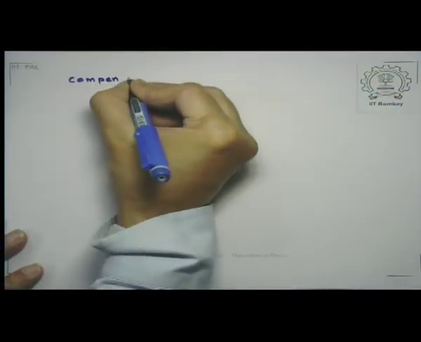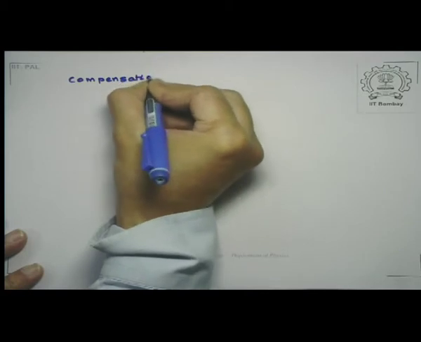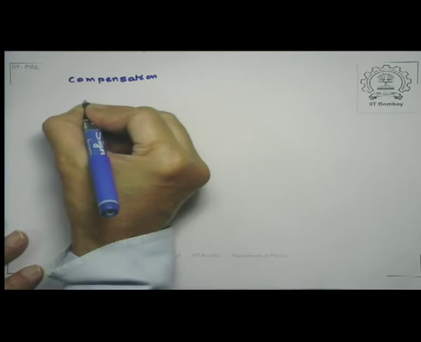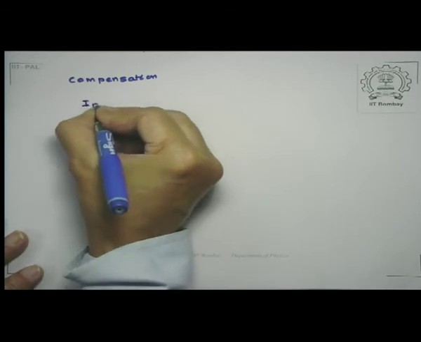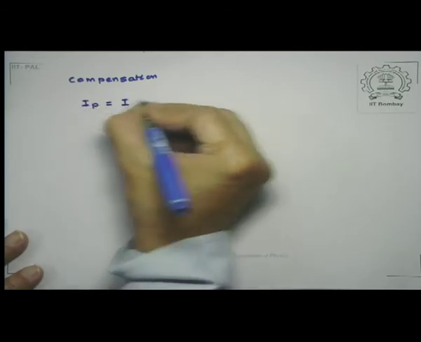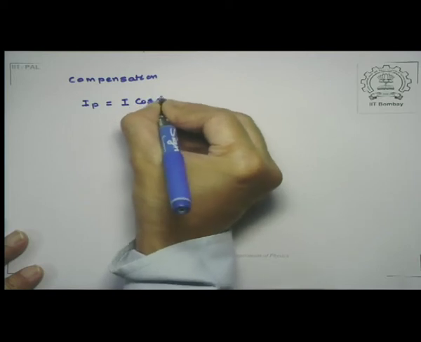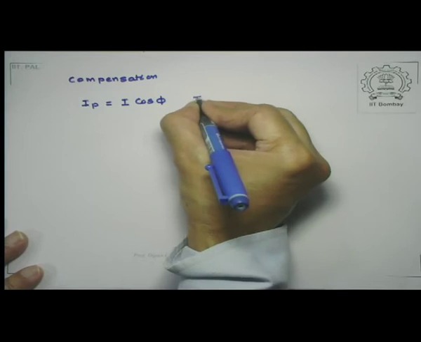Now let us look at how the power compensation takes place. Remember we said that IP, which is the component along the voltage, is the one which supplies true power.